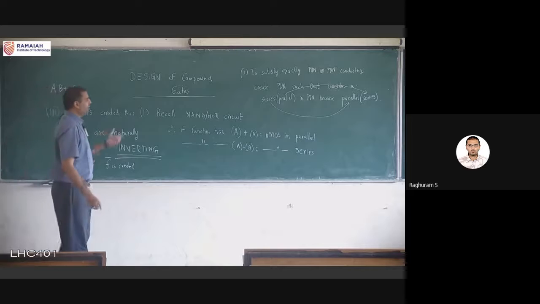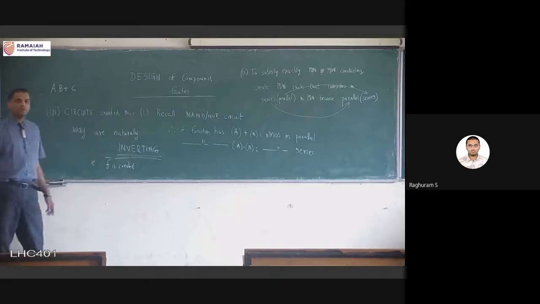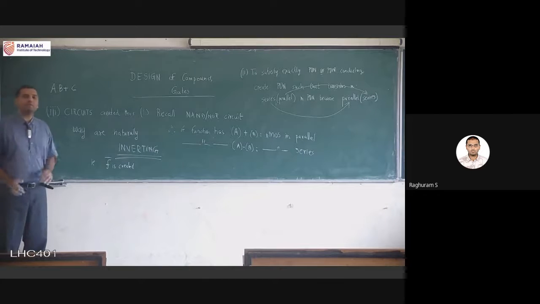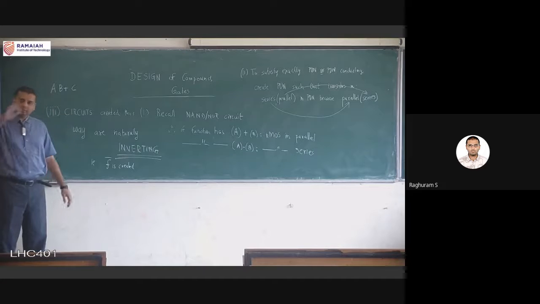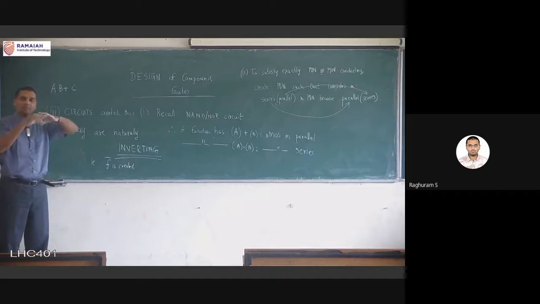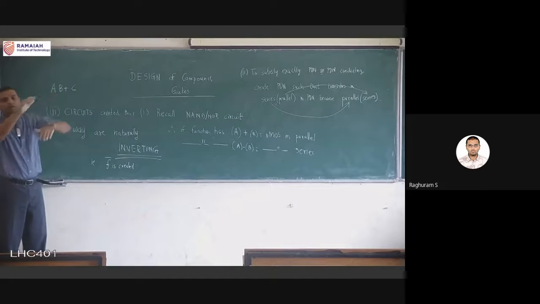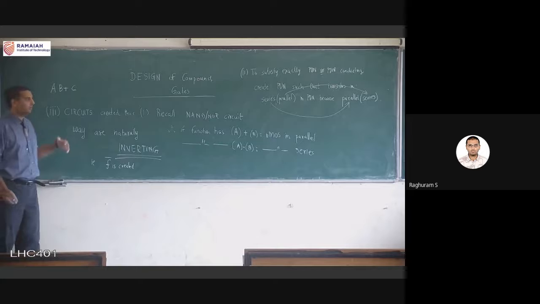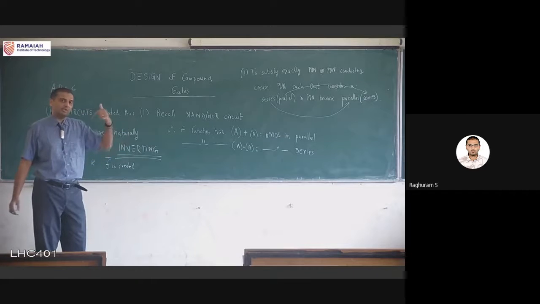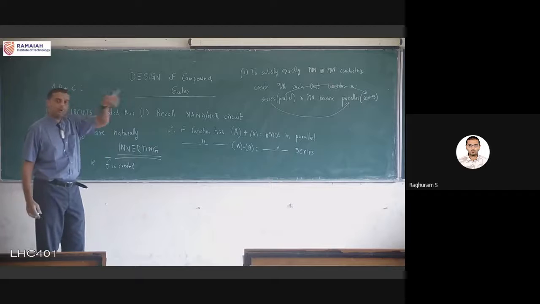Circuits created using these rules are naturally inverting. Suppose I am starting off with some function f equal to ab plus c. I follow all these rules, I create my pull up network and pull down network, and I have the output. The output is actually ab plus c, the whole complement. This is very important to remember because if you remember our first NAND and NOR, naturally we didn't get ab, we got ab the whole bar.